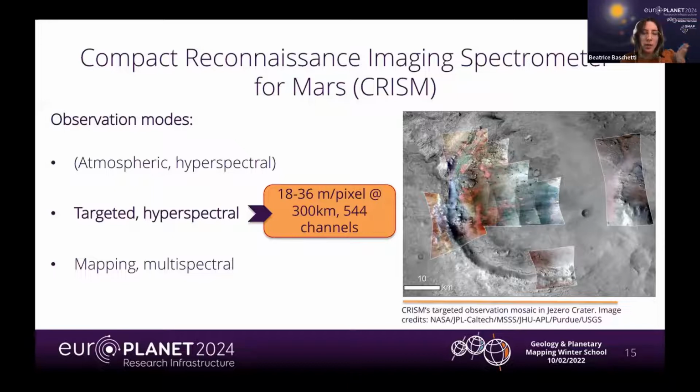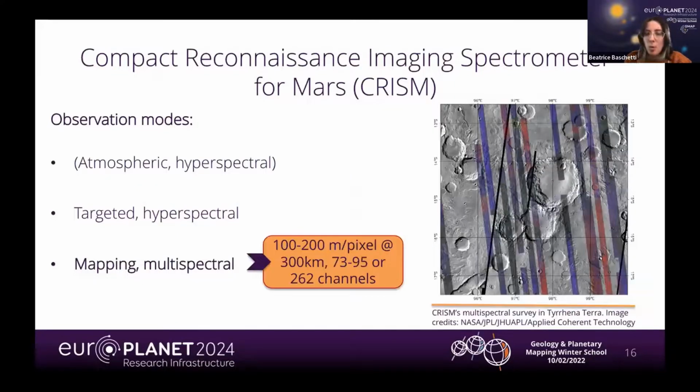So we have 544 colors in this range. And here are the typical products of the targeted observation. As you can see, the scale is small, and they have this peculiar hourglass shape, which depends on how the image is acquired.